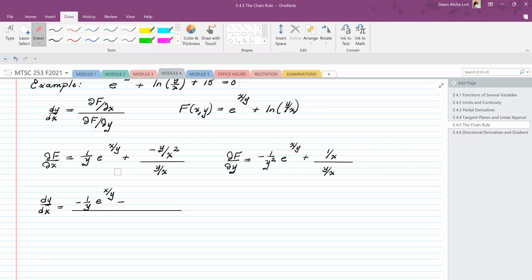So I get x over y. So this should just give me minus 1 over x. And then the denominator, I get minus 1 over y squared, it's missing an x, e to the x over y. And then when I flip that, that just gives me 1 over y.